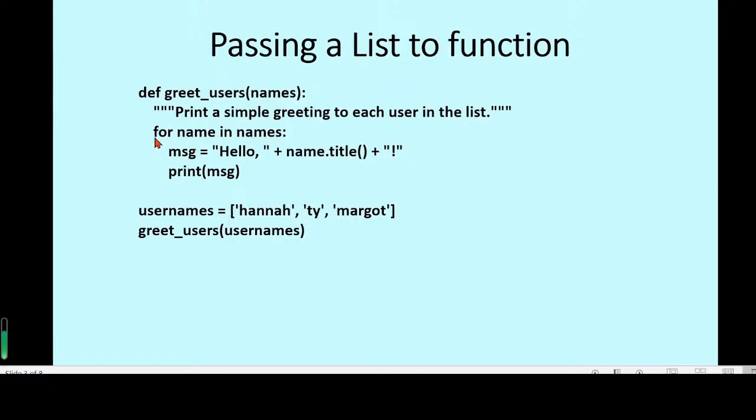Inside the function, there's a for loop: for name in names. So get each element of this names list, then set it to the variable name. Next, we create a message with the concatenation of hello and the name in title form, then print this message. When we call this function, we create usernames with 3 names in this list, then call the function greetUsers, passing this usernames list.